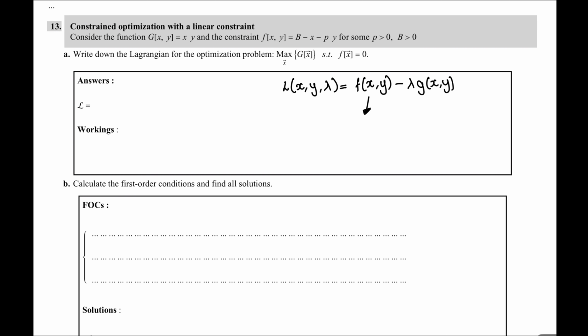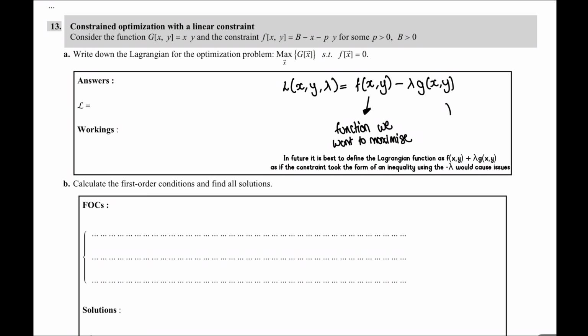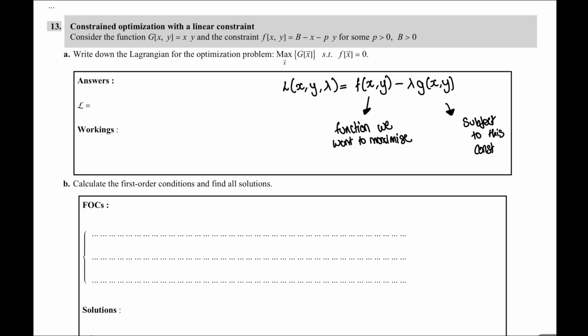So f of x, y is the function we want to maximize, and then g of x, y is our constraint, so subject to this constraint. So we have a function we want to maximize subject to this constraint. In our question, f of xy is g of xy because that's what we would like to maximize, and our constraint is this function f of xy.